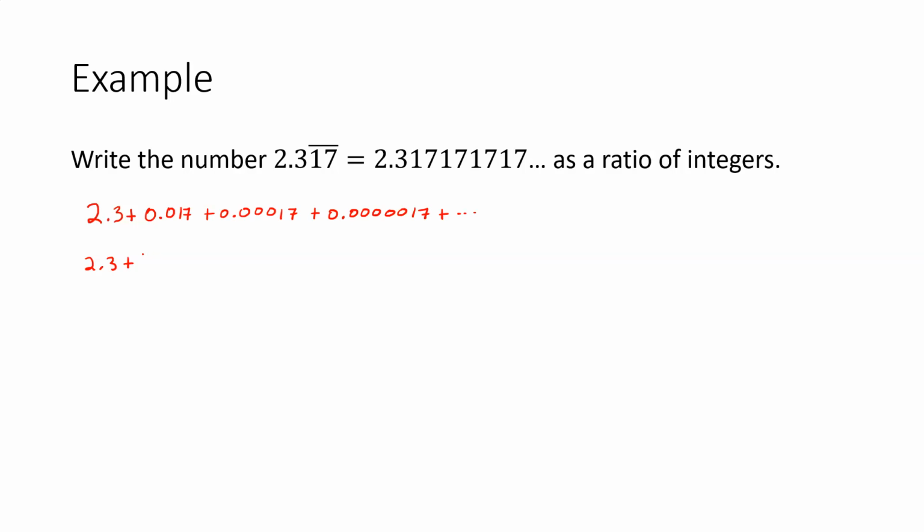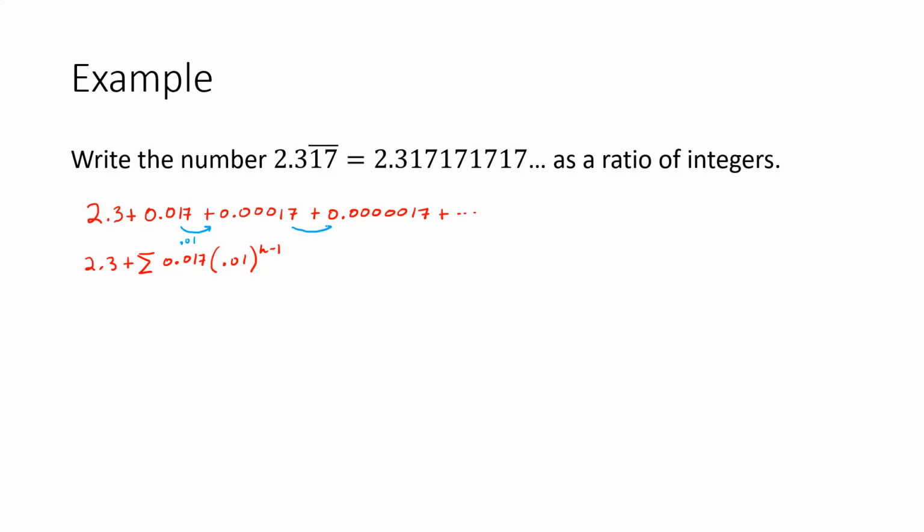So in this case, it's starting with 0.017, and then I'm multiplying that by 0.01 to generate the next term of the sequence. You can see that the common ratio, when I multiply 0.017 times 0.01, it's going to scooch the decimal over 2 spots to the left, so that would give me this one.